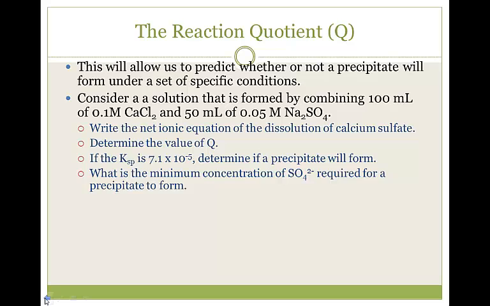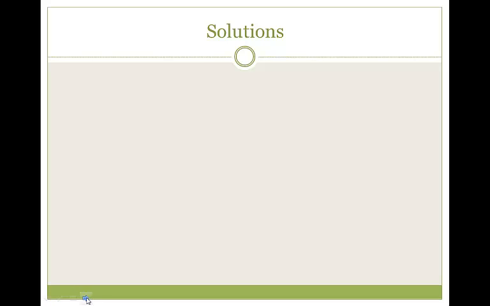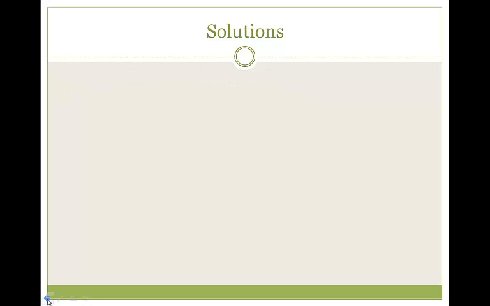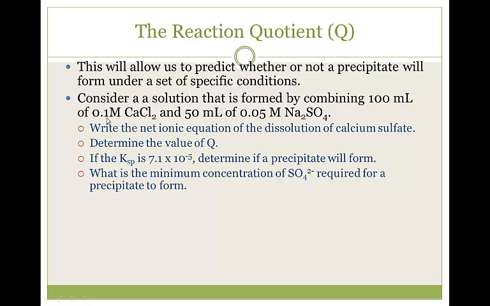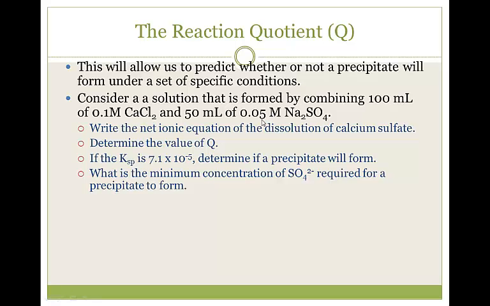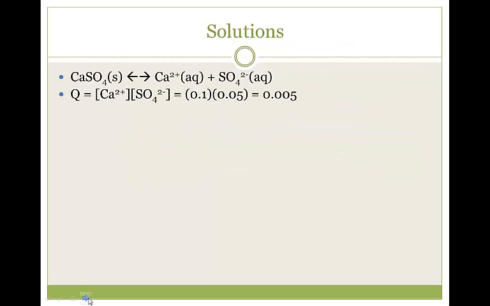Afterwards, we want to determine our value of Q. So we're just going to change KSP into Q, write our equilibrium expression, and input our two initial concentrations of our ions, 0.1 and 0.05. That's where those are coming from right there. And there's our reaction quotient.